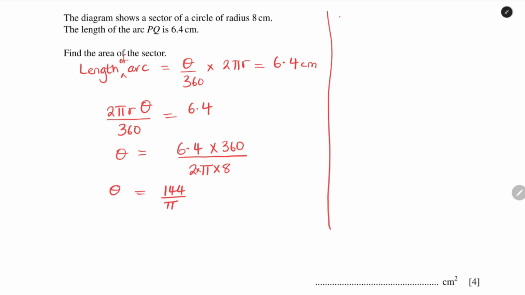Now, area of sector. Area of sector is given by theta over 360 times pi r squared. Okay, now we just found our theta as 144 over pi.